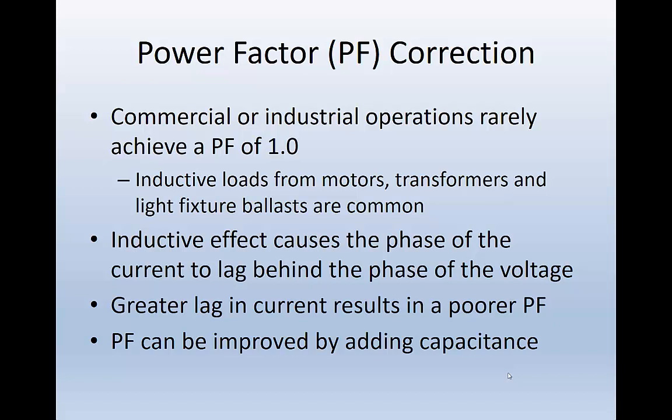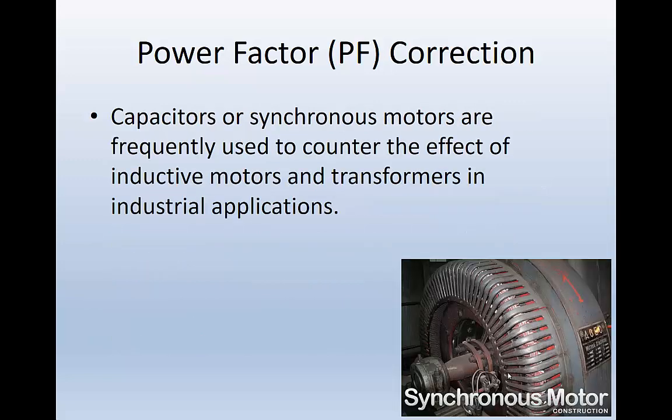Or if you want to think about it as a number, 1.0 would be perfect. We rarely ever see anything get all the way up to a 1.0. There are ways to help improve it, but having a low power factor actually can hurt you because it means you're utilizing a lot of excess energy to do the work that you're doing.